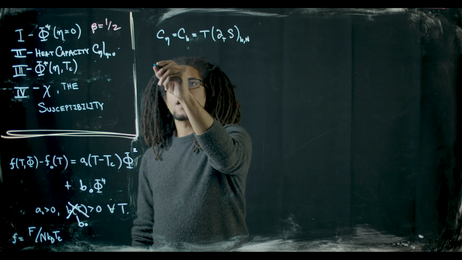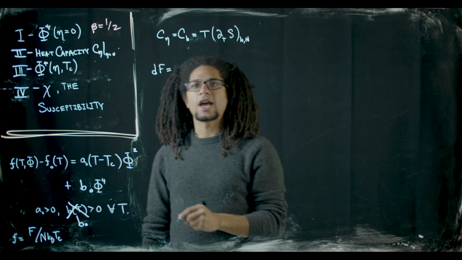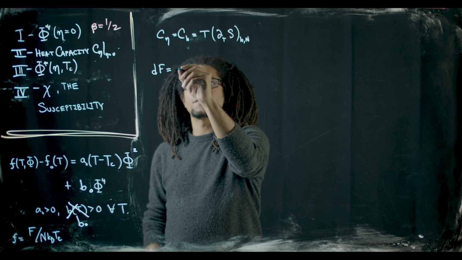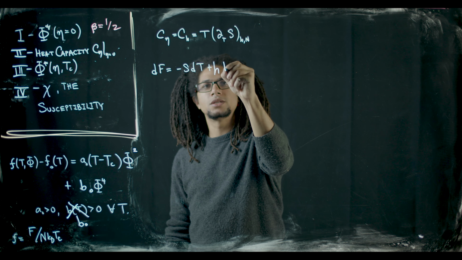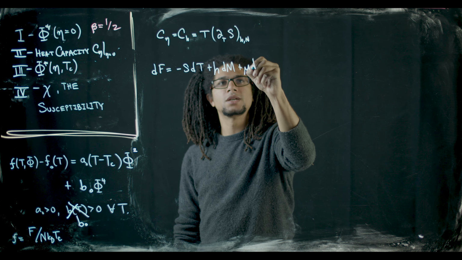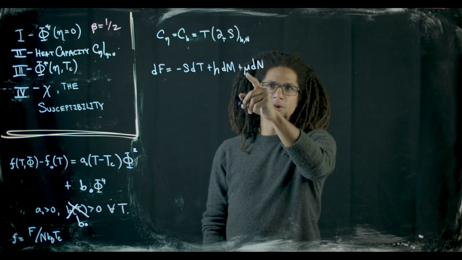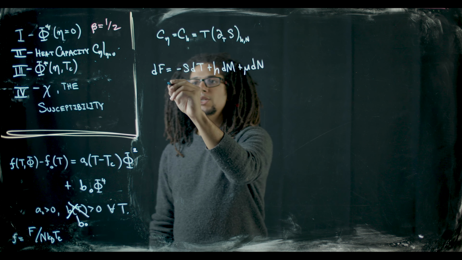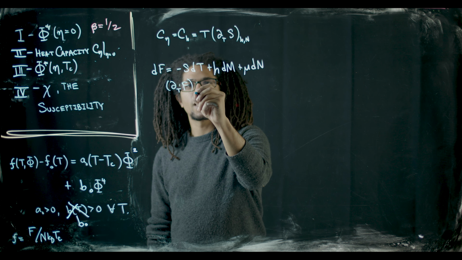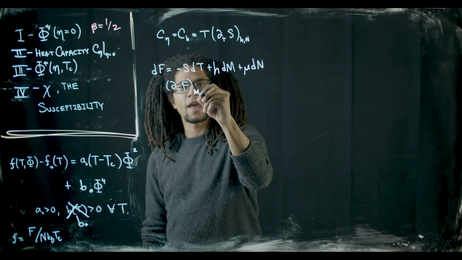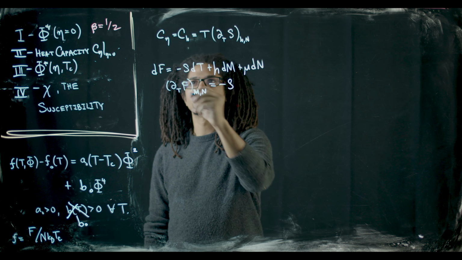But we have one of our thermodynamic identities that says dF is equal to minus S dT plus H dm plus mu dN, where this mu is the chemical potential. And so partial T of F while fixing m and N is equal to minus S.